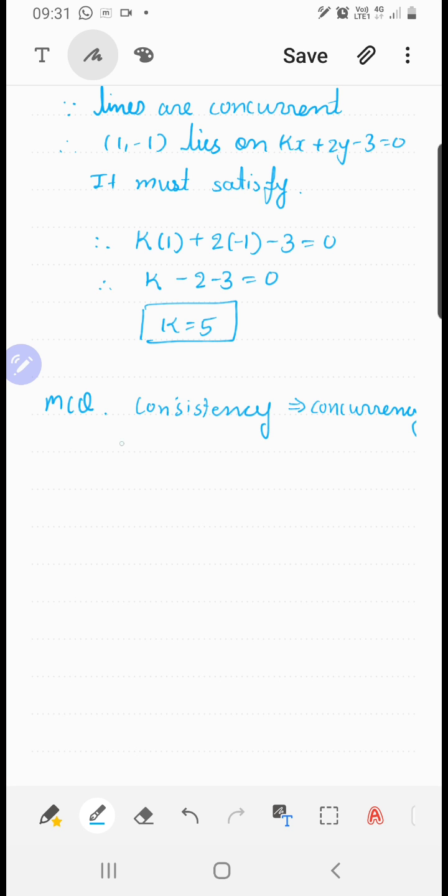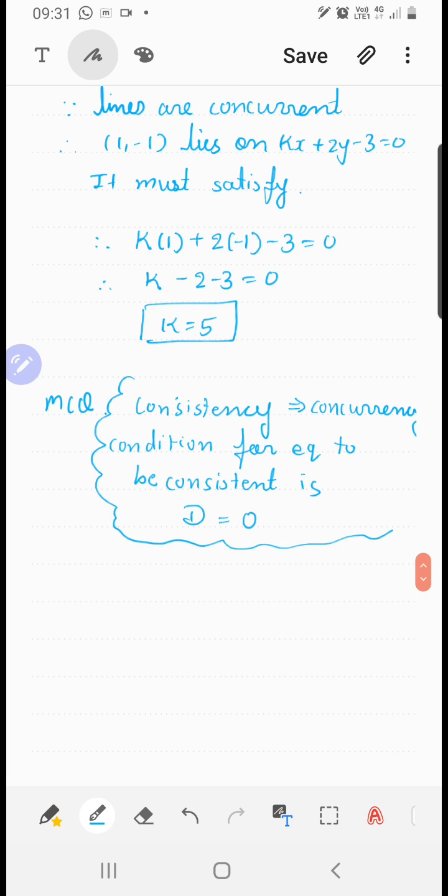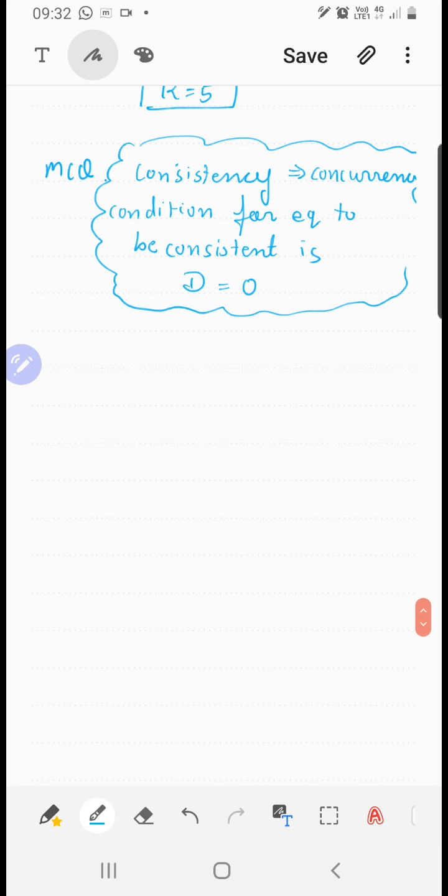The condition for the equations to be consistent is D equal to 0. If you understand this particular part, we can get k directly.